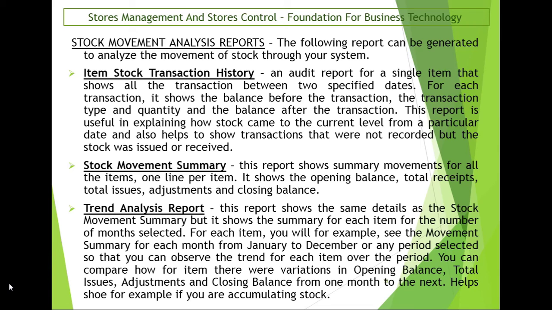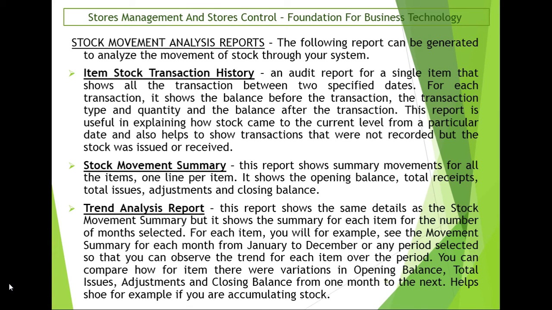The next report is a stock movement summary. This type of report will show summary movements for all the items, and it shows one line per item. For a particular period, you can choose whether it's for the month, the quarter, or the whole year.